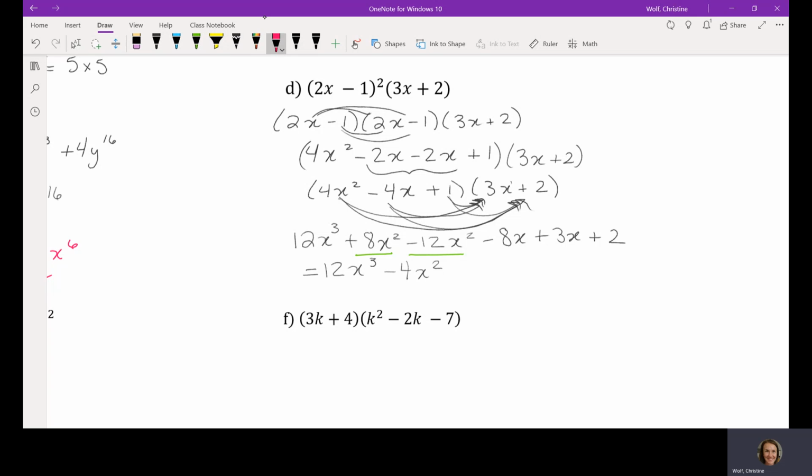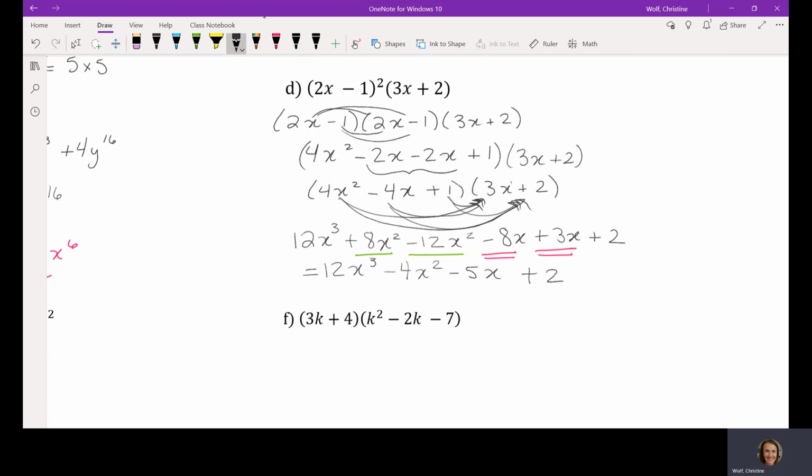Then you have a negative 8x and a positive 3x. Those are similar terms as well because they're both x's. So you started with negative 8 and then you're adding 3 to that. So negative 8 plus 3 is negative 5. And again, the x's don't change because you're just simplifying. And then that positive 2 on the end has no friends to play with. So he just sticks around as a positive 2.